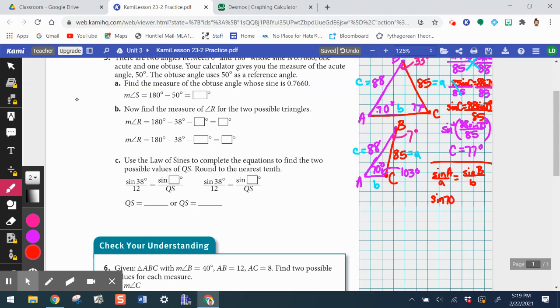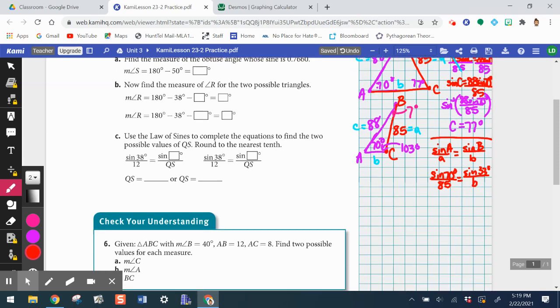So we'll replace angle A with 70 degrees, its opposite side, 85, equal to sine of B for this first triangle would be the sine of 33 degrees over its opposite side, which we don't know, or I'm going to go and write it here right next to it, sine of 70 degrees over 85 equal to the sine of 7 degrees over b. So again, based on whichever angle we decide to go with, or based on whatever angle C was, we have two different proportions here.